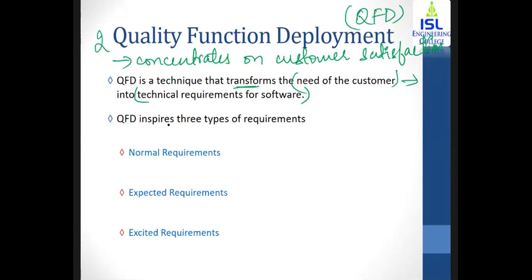Now QFD recognizes three types of requirements. The first set of requirements is called the normal requirements. Normal requirements means that if these requirements are present, the customer is satisfied.